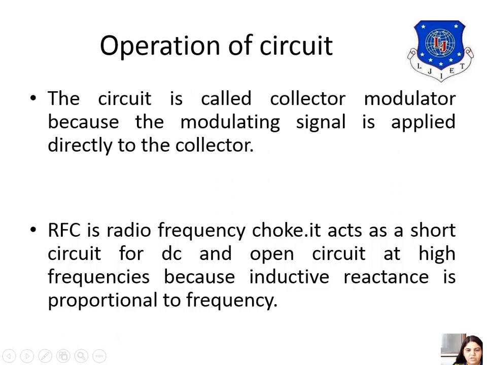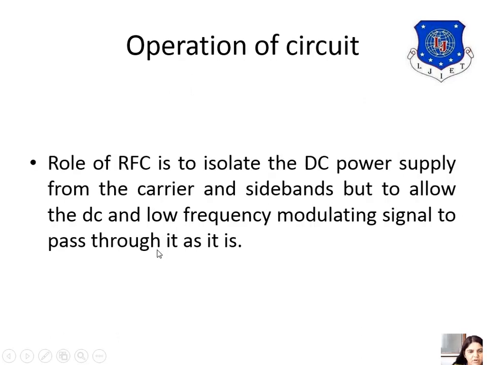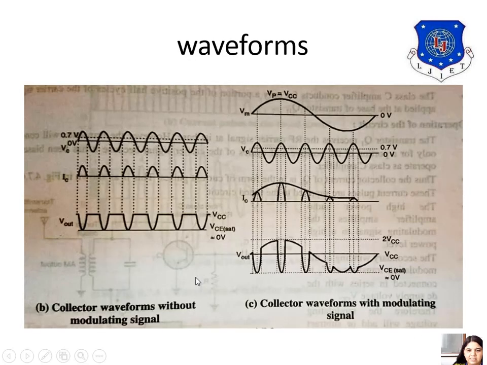It acts as a short circuit for DC and an open circuit at high frequency because the inductive reactance XL is proportional to the frequency. What is the job of the RFC? It is to isolate the DC power supply from the carrier and sidebands but allow the DC and low frequency modulating signal to pass through it as it is.